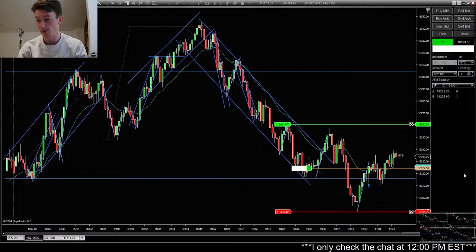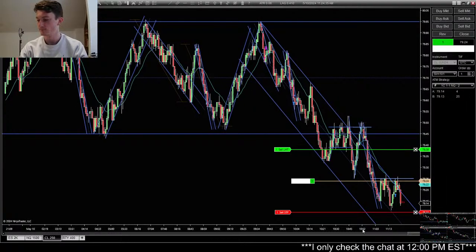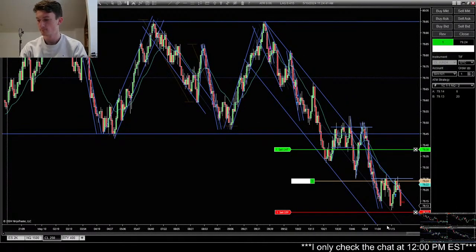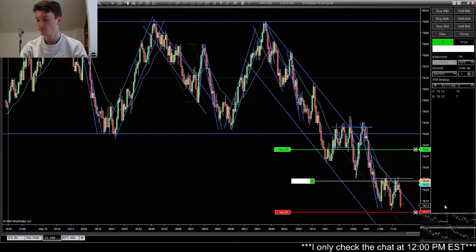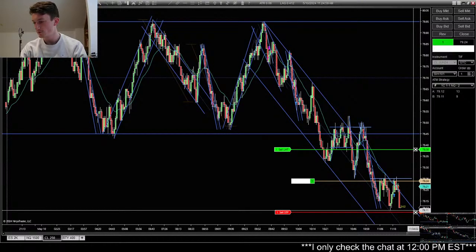CL is really picking up to the downside. Look at that. It's a lot of down movement. Good chance that this one gets stopped out there. Look at that, getting real close.